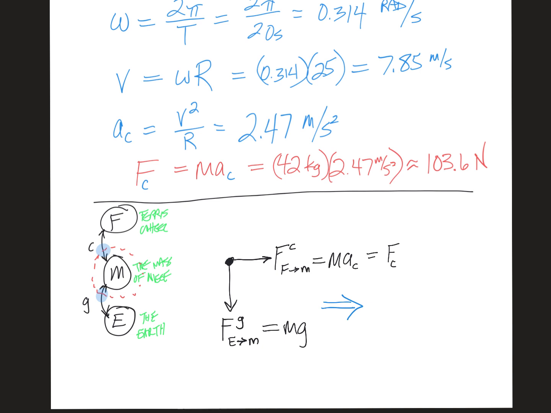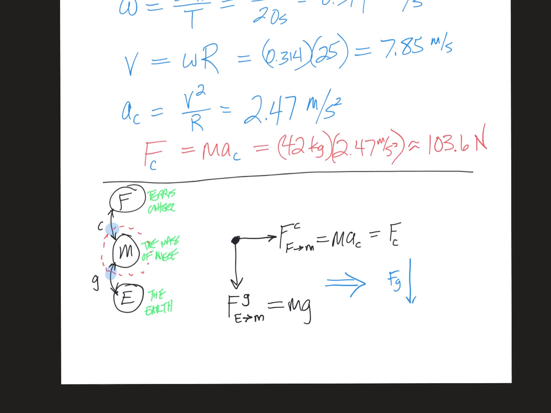So what do I have? There's a downward force of gravity. There's an outward force of centripetal acceleration, and that means there's a net force here. How do we know that?